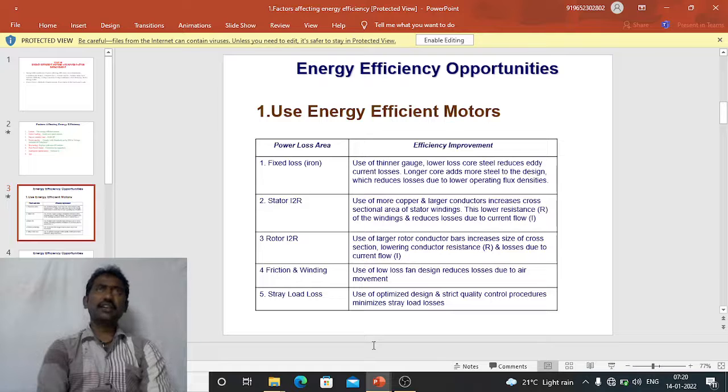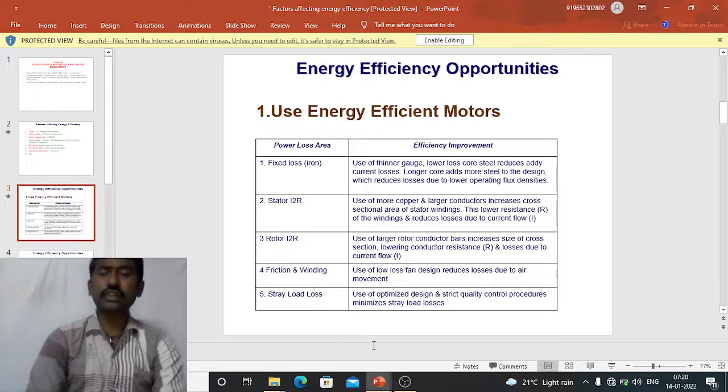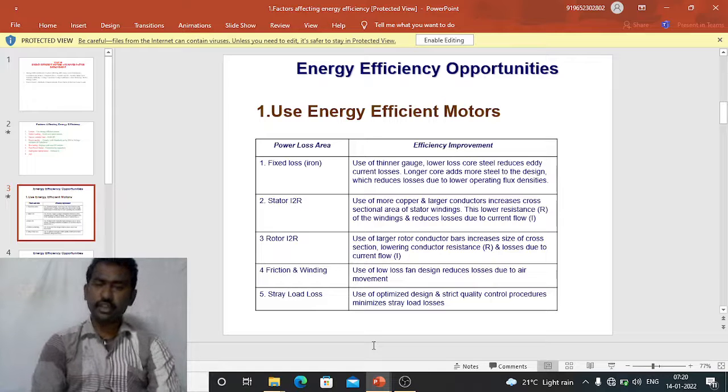What do fixed losses mean? In the stator we have the iron, and the losses present in the stator are called iron losses, and the losses that come in the copper materials are known as copper losses. To improve these fixed losses, use a thinner gauge.